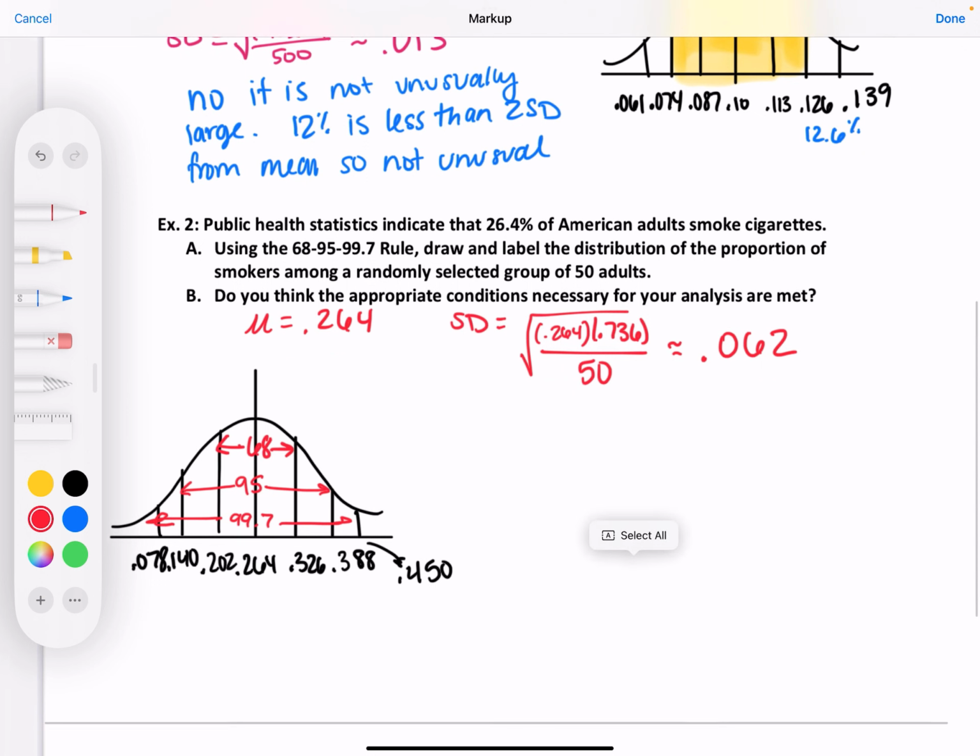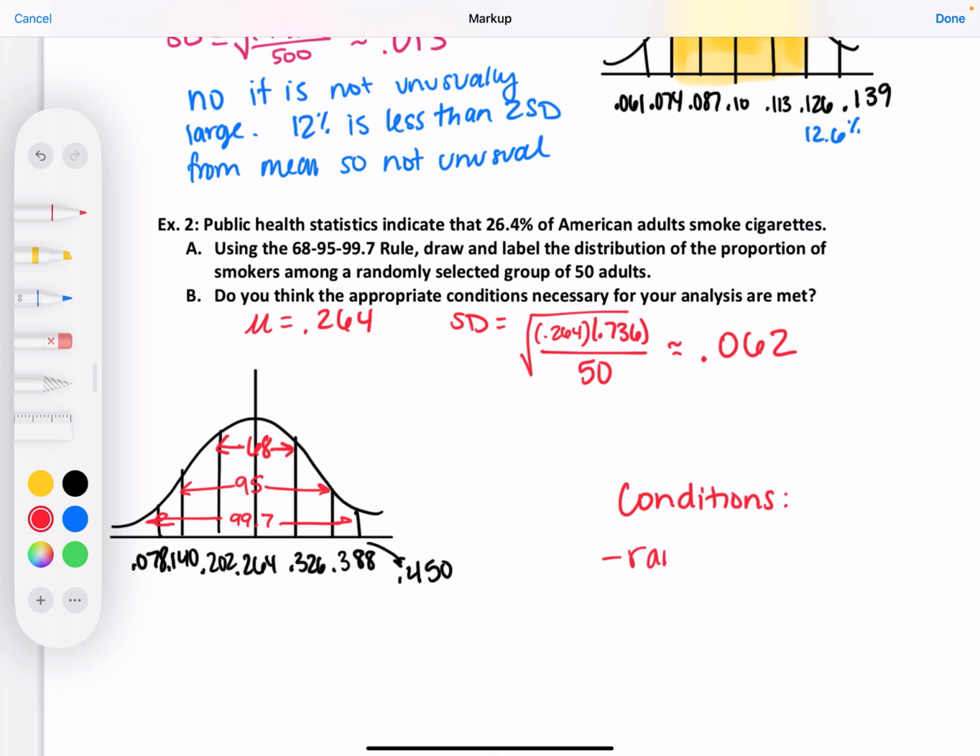So then what conditions am I checking for part B? Randomization. So is it random? Yes. Okay, so random, check. What else? 10%. So is 50 adults less than 10% of all American adults?